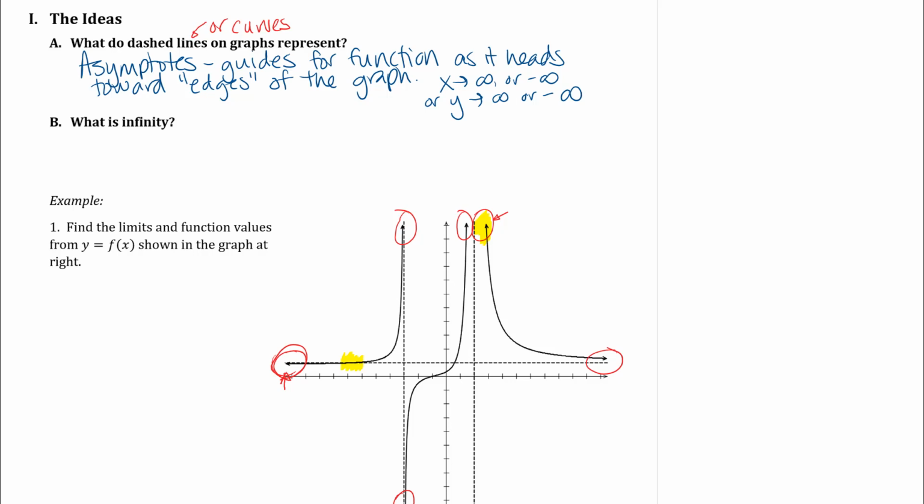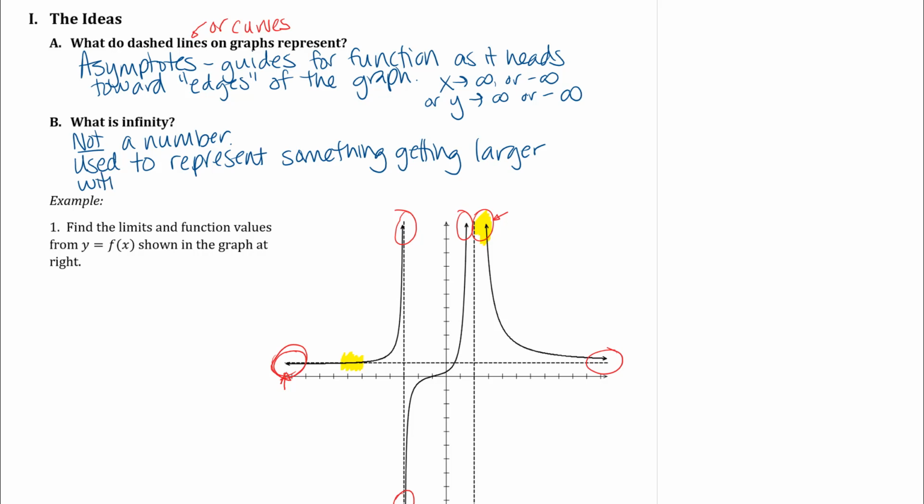All right, so we talked a little bit about these asymptotes involving ideas like infinity, and so just to clarify, making sure everybody's understanding what are we talking about when we talk about infinity. Infinity is not a number. It is a symbol that is used to represent the idea of something that is getting larger and larger without bound.